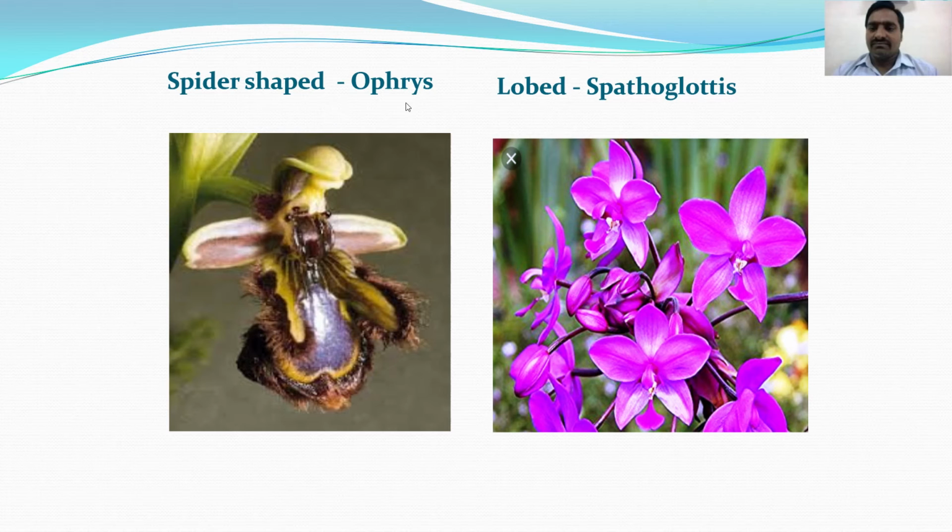In Orchis mascula, the labellum is spider shaped. In Spathoglottis, the labellum is lobed. You can see these lobes are present in this labellum. Those are the different shapes of labellums.